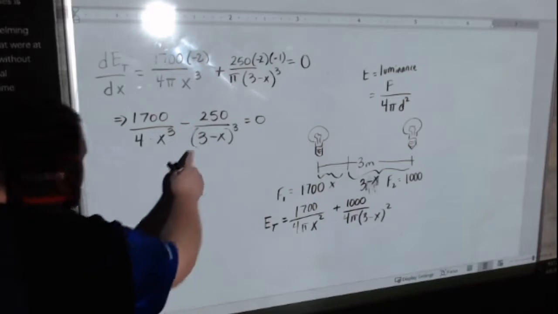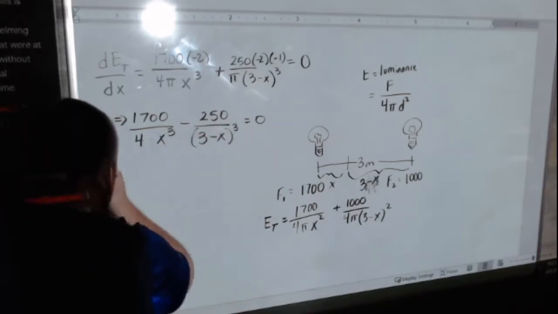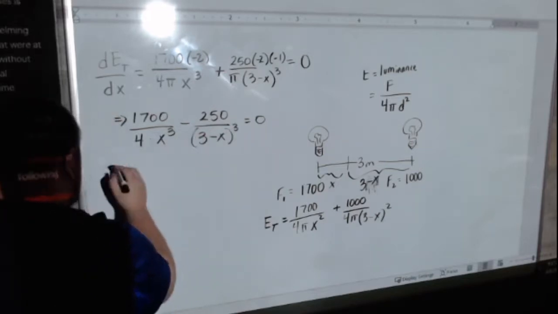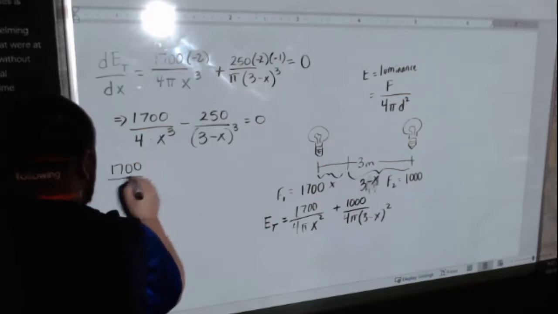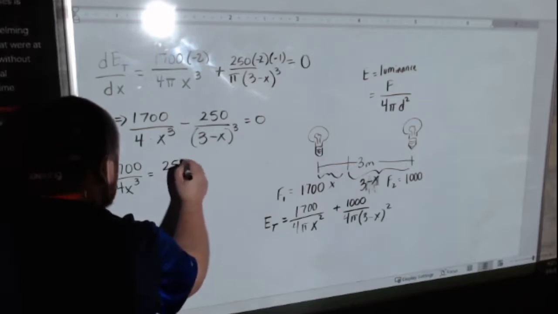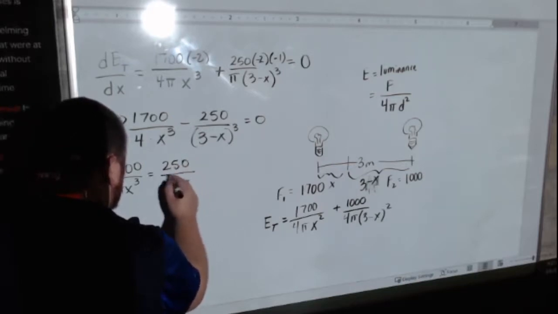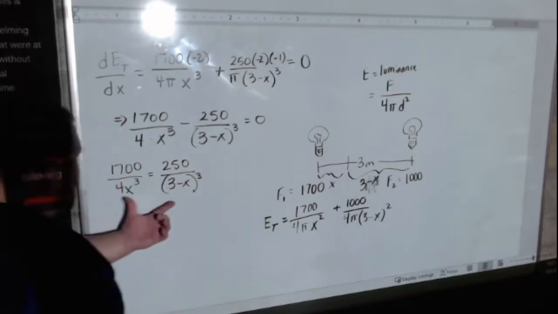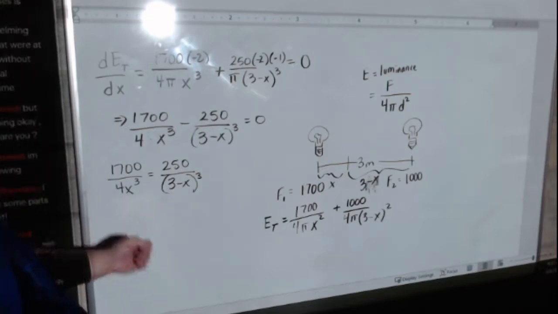Alright, so now I'm just going to move this to the other side. And now I'm going to do some mathemagic to solve this as quickly as possible. So I've got two fractions equal to one another.